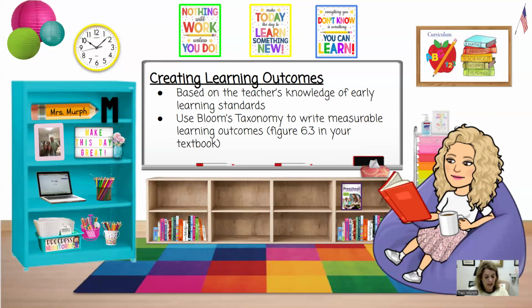Bloom's taxonomy is basically a system to define and distinguish different levels of thinking, learning, and understanding. It was developed to provide a common language for educators to discuss and exchange ideas about learning and assessment methods. It's a great tool to keep because it's going to give you some very measurable verbs that you'll be able to use when writing your learning outcomes.